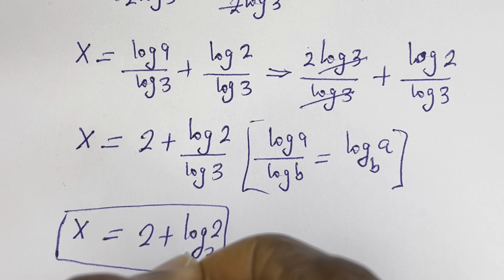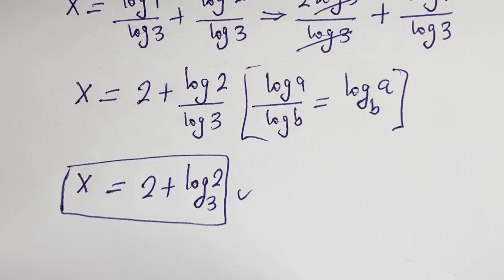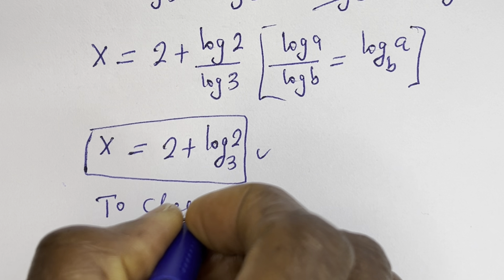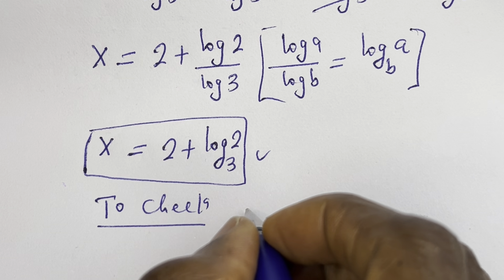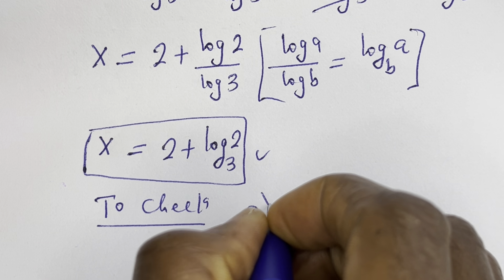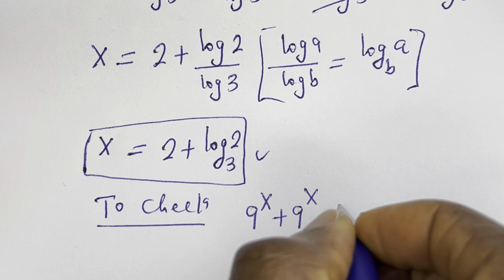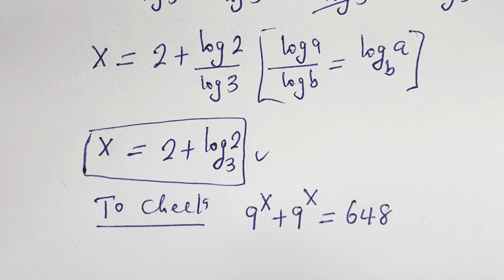We may check to confirm if this answer is right or wrong. Let's check. To check, we have the given equation. 9 to the power of x plus 9 to the power of x is equal to 648.